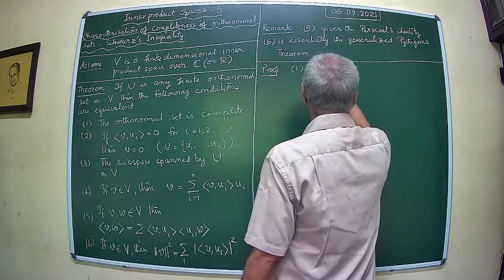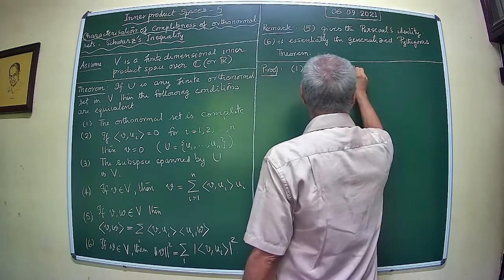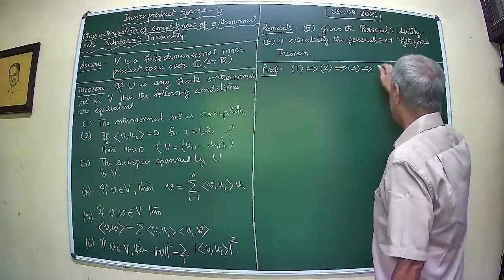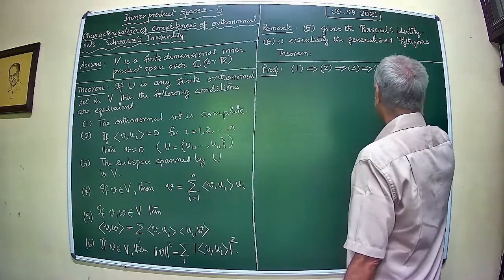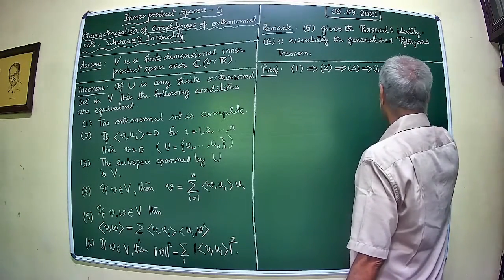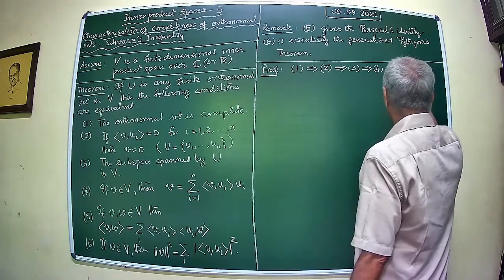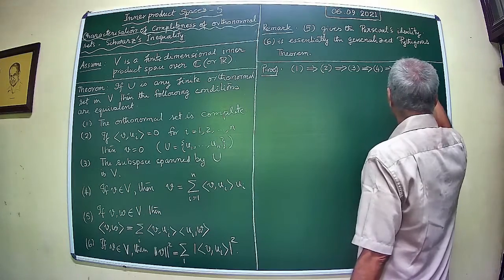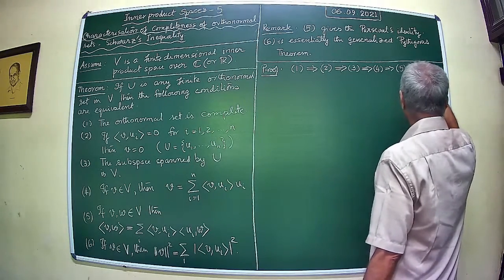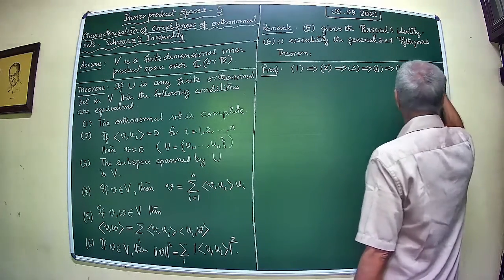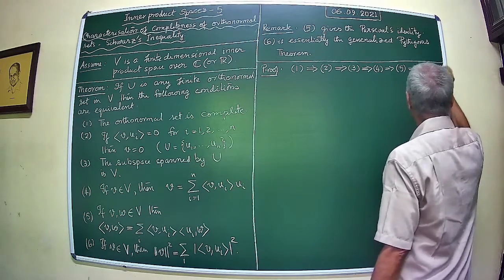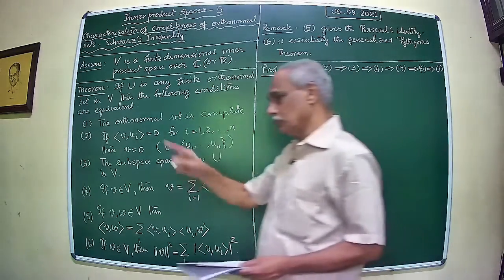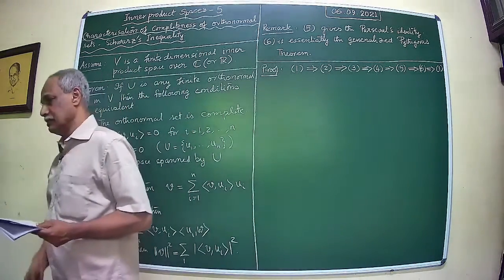Then assuming 2, you prove 3. Assuming 3, you prove 4. Then assuming 4, you prove 5. Assuming 5, you prove 6. And then assuming 6, you prove 1. So you go in a cycle: 1, 2, 3, 4, 5, 6.